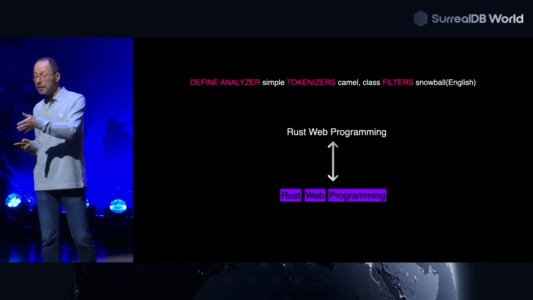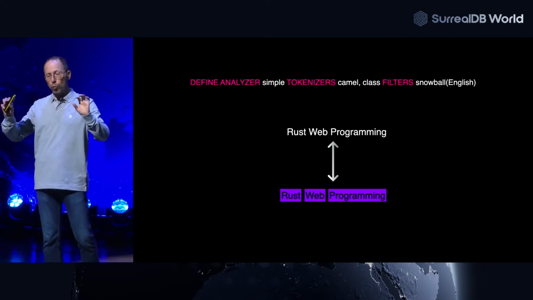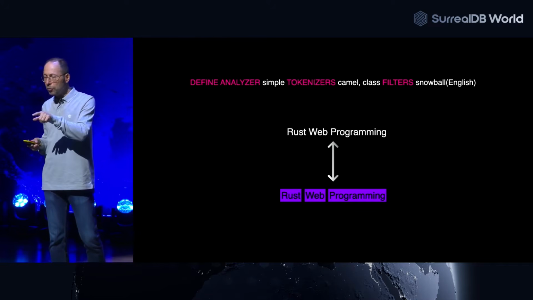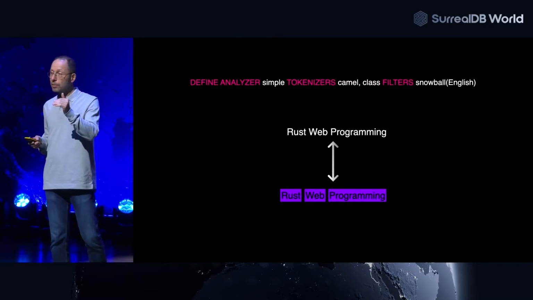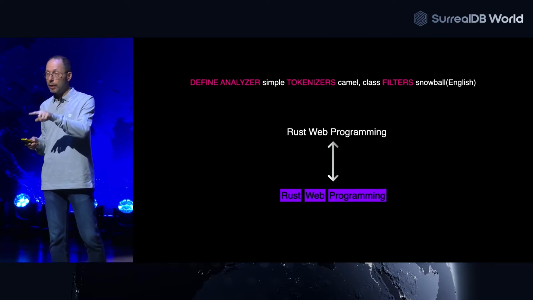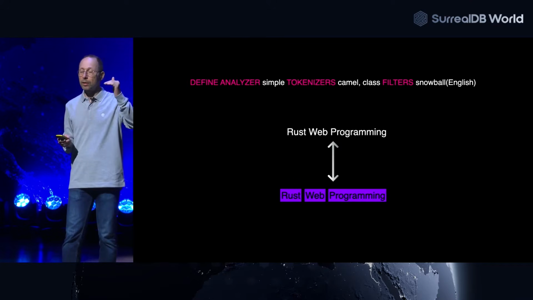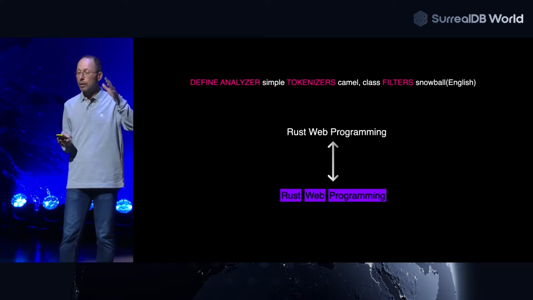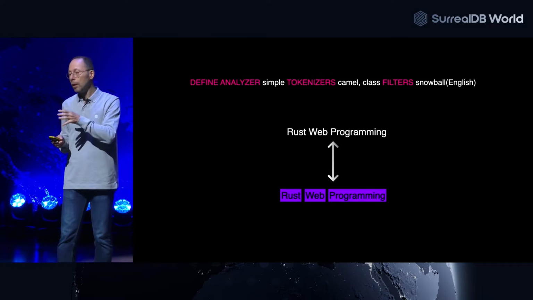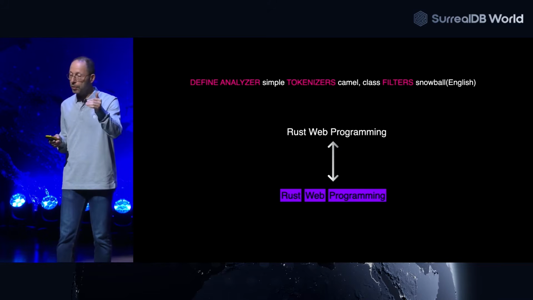In this example, Rust web programming, we are using a tokenizer called class. There are two of them, camel and class. Class is the one where each time the Unicode class changes, so a space or alphanumeric, we decide it's a new token. This is the way we tell CyrilDB that you need to extract Rust, web, and programming.